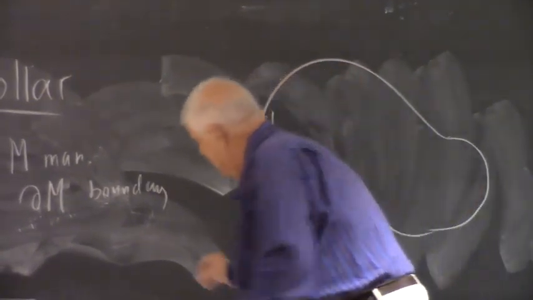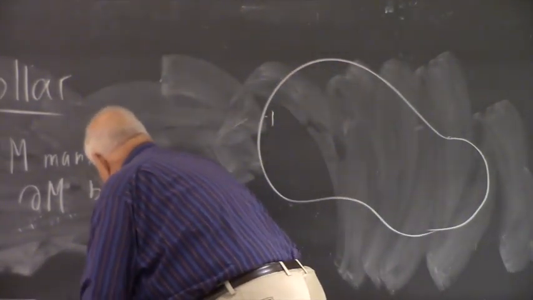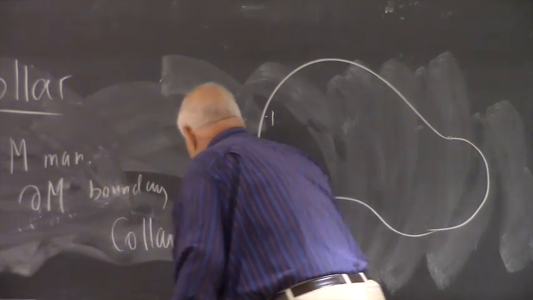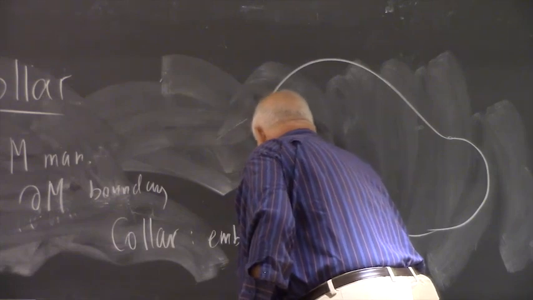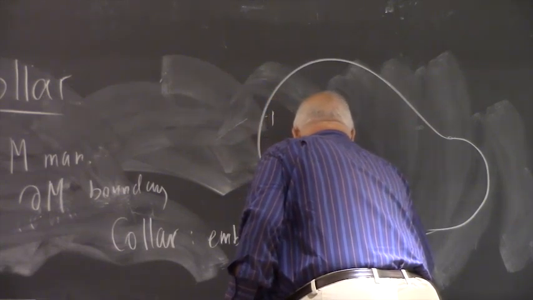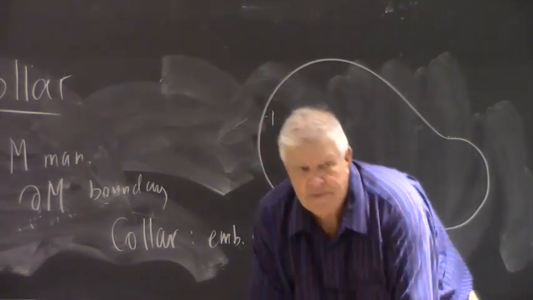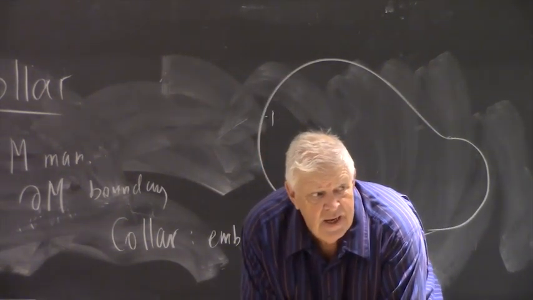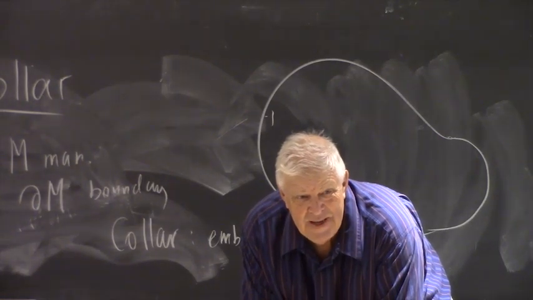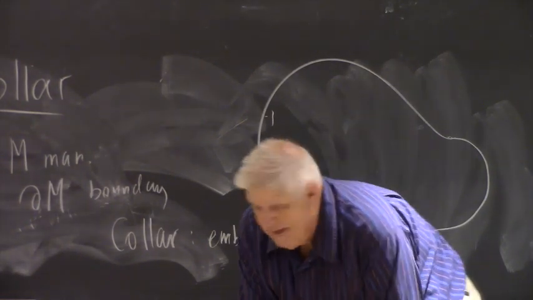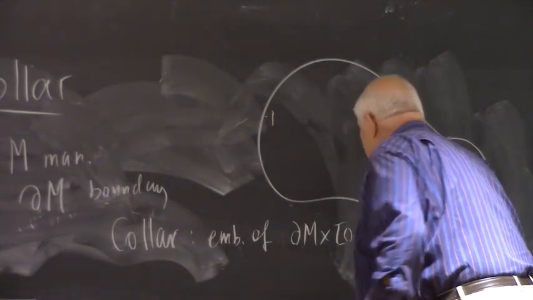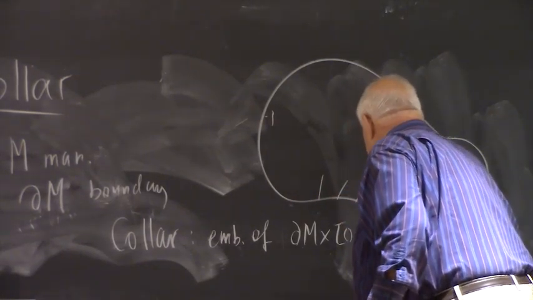Then a collar is an embedding of dM times the semi-closed interval 0 epsilon into M. On the picture it will be this.